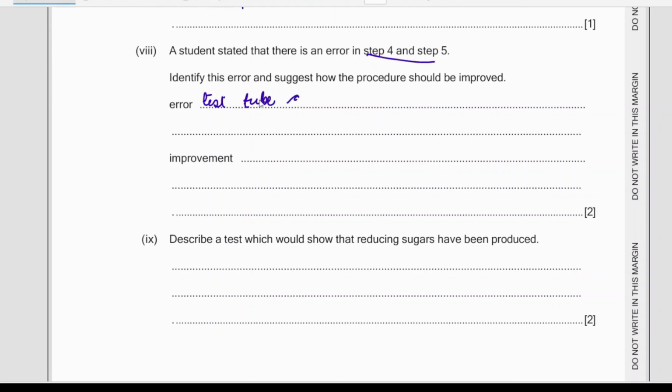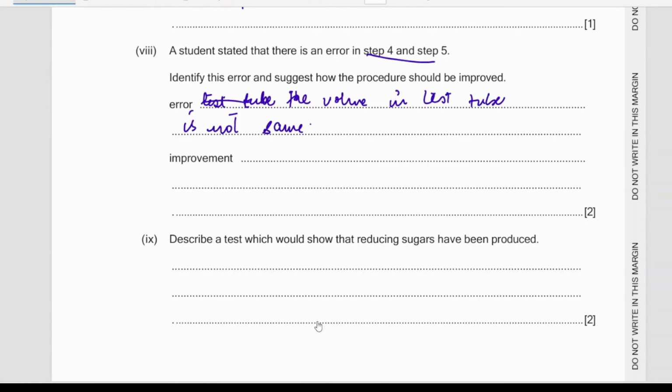Test tubes. The volume in test tubes is not the same because we are using a test tube for measuring the volume. It's not the same. And how can this be improved? Yes, we can use a measuring cylinder, but what else can be done? Because taking 2 cubic centimeters won't be easy to adjust in that measuring cylinder.